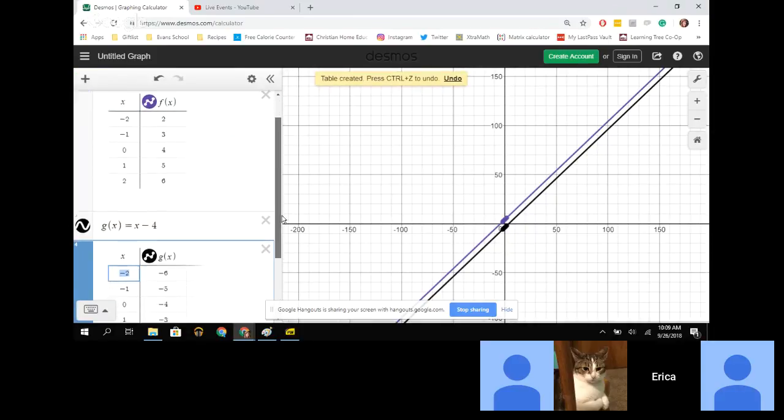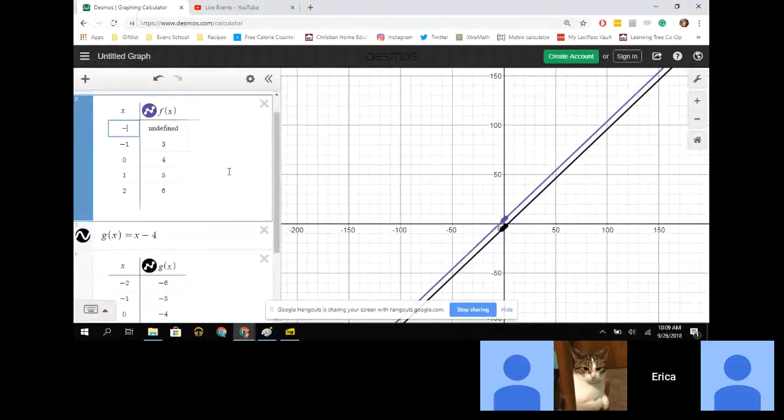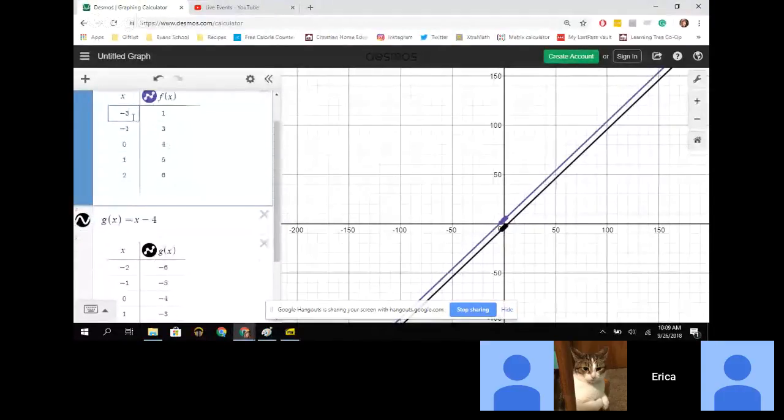All right, so you can see here that in my original function, if I put in x equals negative 3, I get out f of x equals 1. In my inverse function, if I put in x equals 1, I get out negative 3. So can you see that in an inverse function the domain and the range interchange with each other?